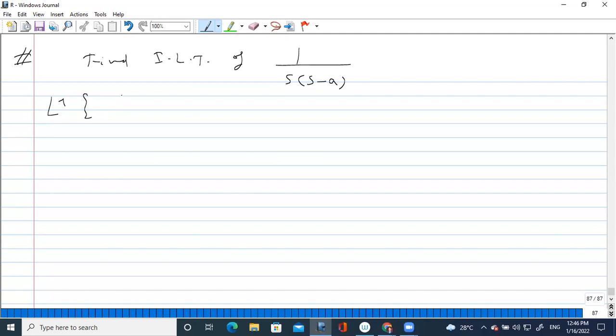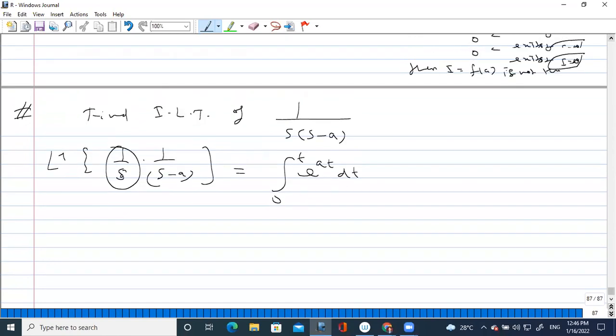So Laplace inverse of 1 by s into 1 by s minus a. What is Laplace inverse of 1 upon s minus a? E to the power at. So just integrate that from 0 to t dt because 1 by s is there. This only we have learned now.